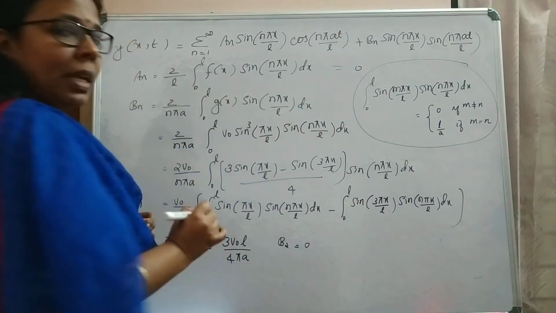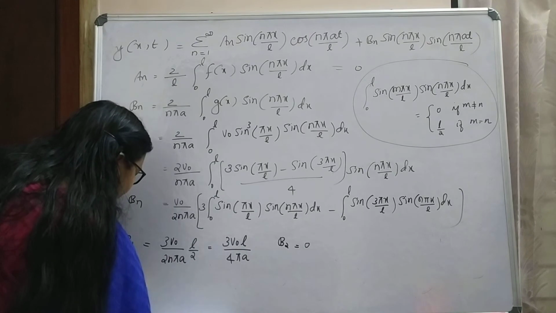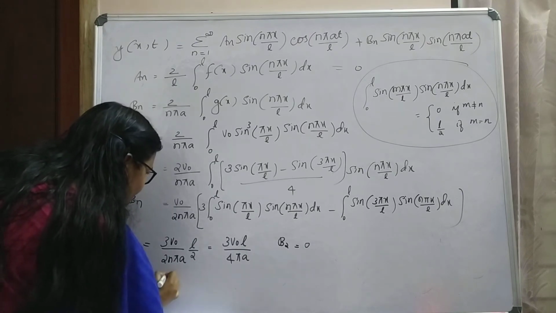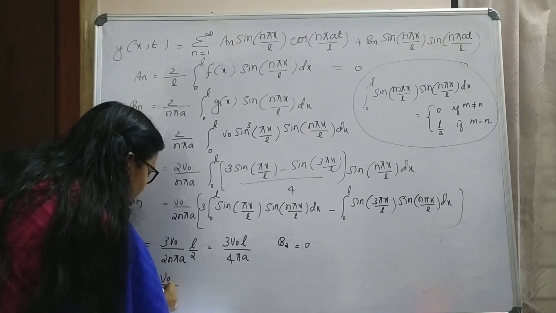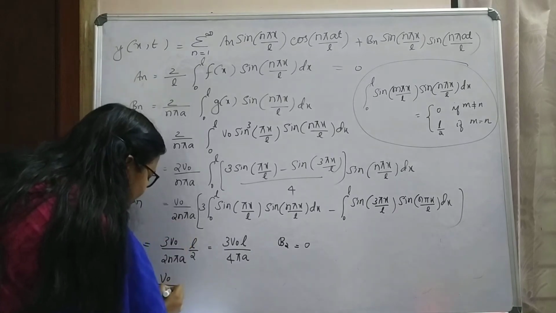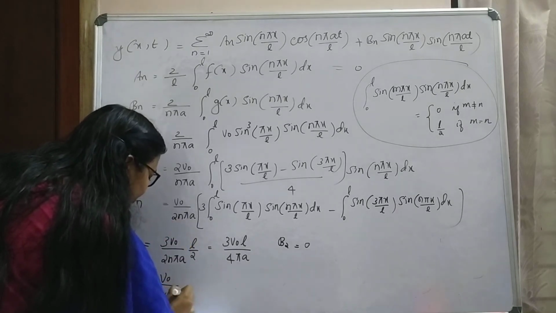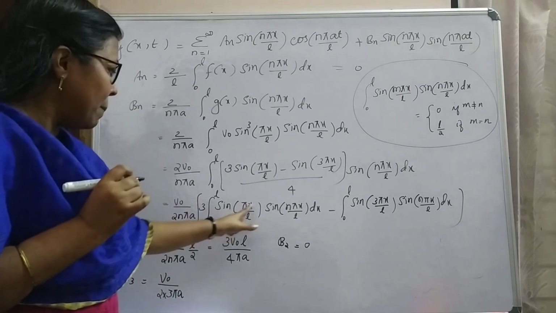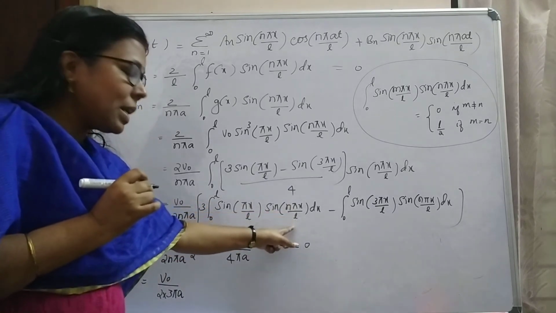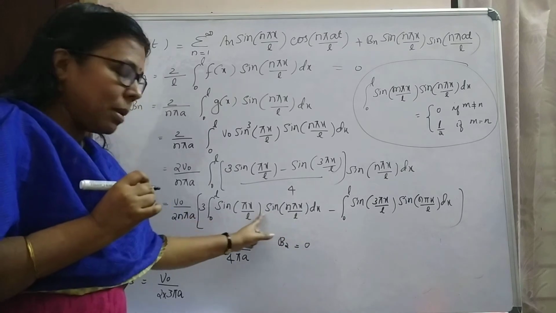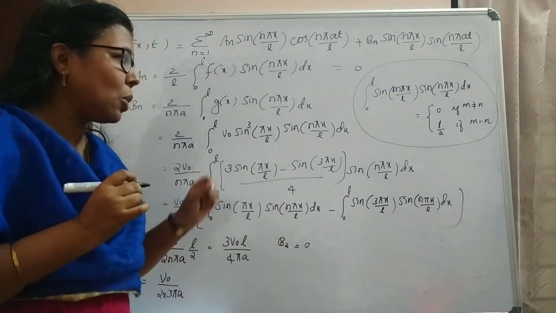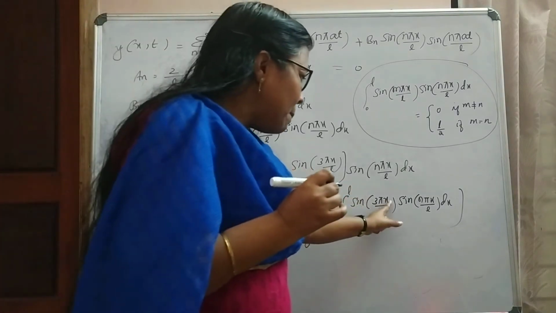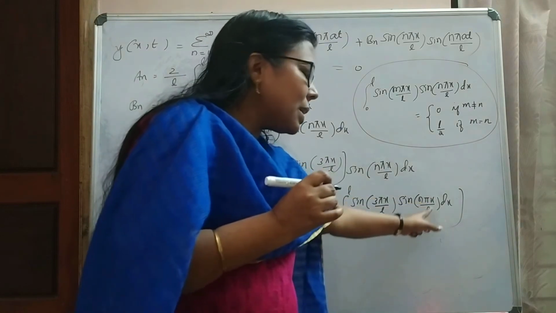Now we have to find the value for b3. b3 equal to v0 by 2 into, put n as 3, πa, then sin(πx/L), sin(3πx/L). These two are not same. Therefore value for this integral is 0. Here also sin(3πx/L), sin(3πx/L).